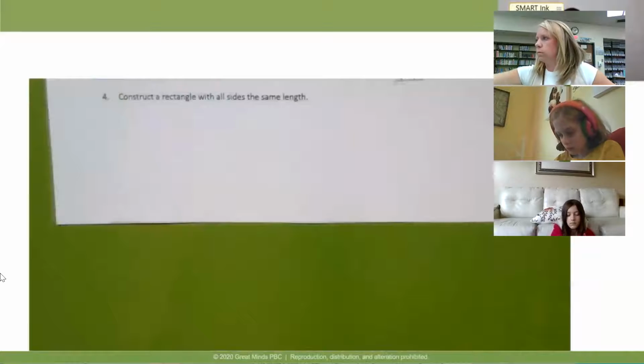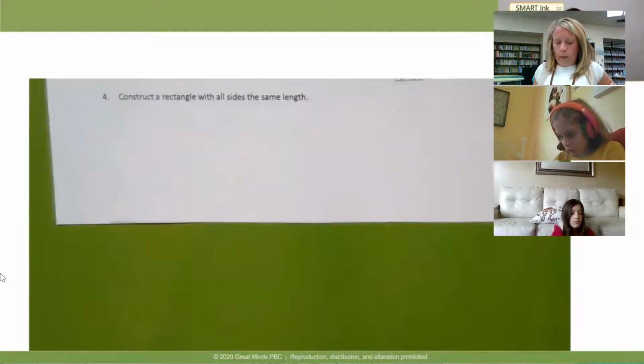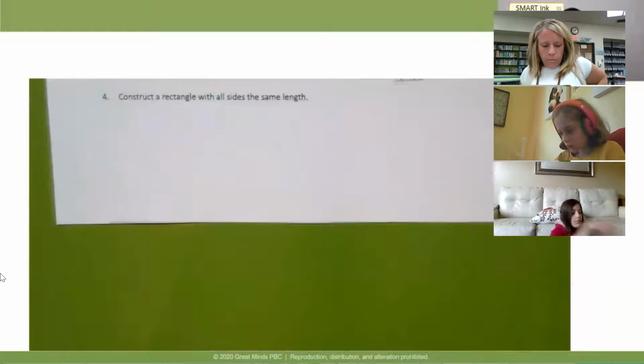Problem 4 requires us to draw a rectangle with sides that are all the same length. First, draw a straight horizontal segment.